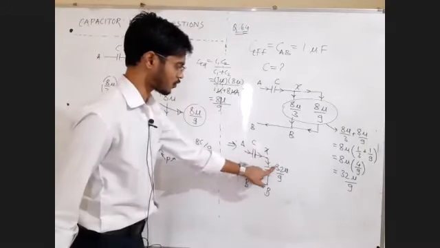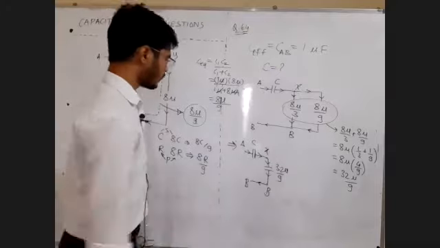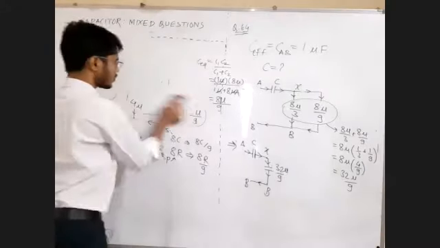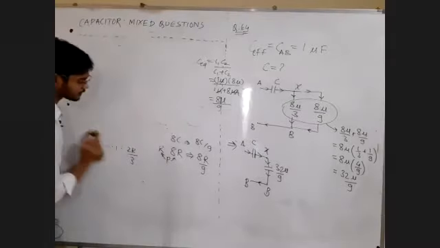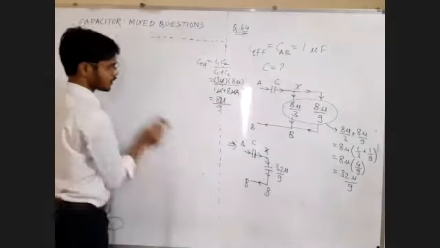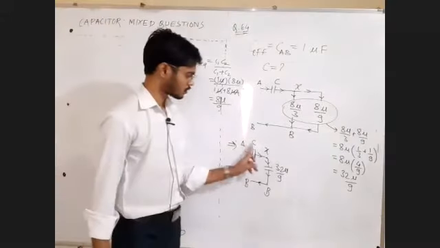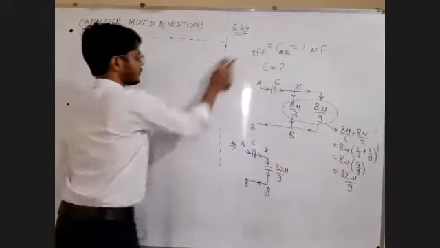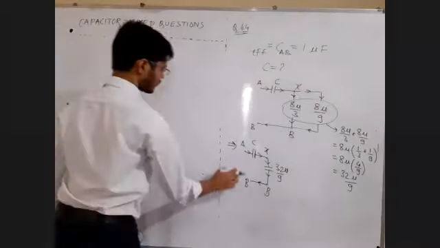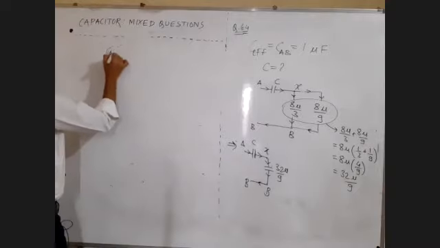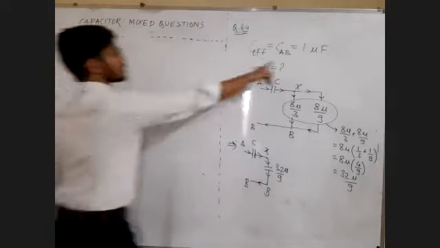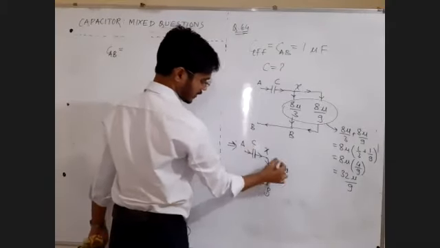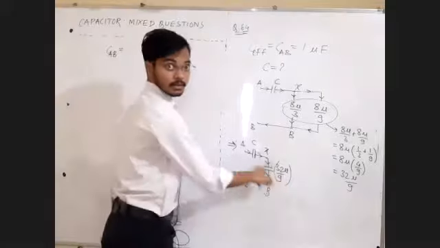C and some value are in series, and when capacitors are in series, use the rule of resistors in parallel. Here we cannot use any trick because we do not know what multiple these two are. But the effective capacity between points A and B is already given to us as 1 microfarad, and we have to find the value of C. Now capacity C and this capacity 32 micro by 9 are in series.